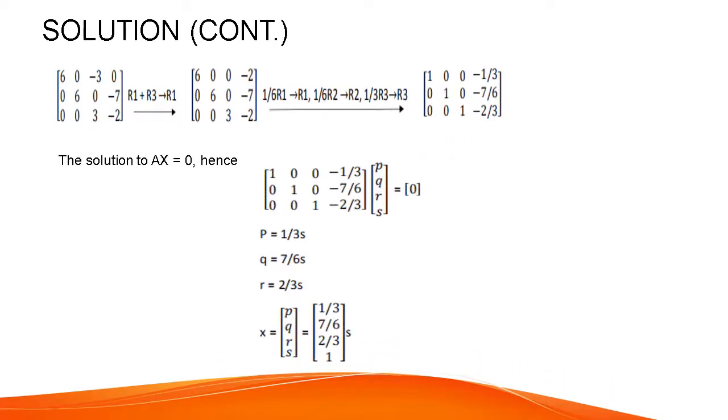Next, we add R1 with R3. And then, we divide every row to get 1 as the leading one to make it easier in the end. And then we will get the final form.